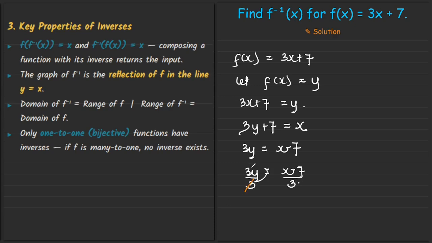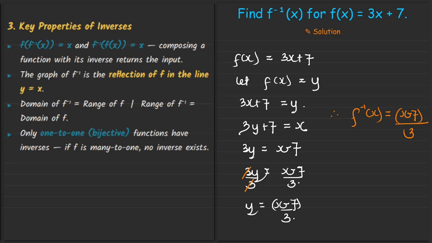Then this 3 cancels out this 3, so I'll be left with y being equal to x minus 7 all over 3. This here is the inverse function. So we say that therefore f inverse, that is the inverse of the function, is x minus 7 all over 3.